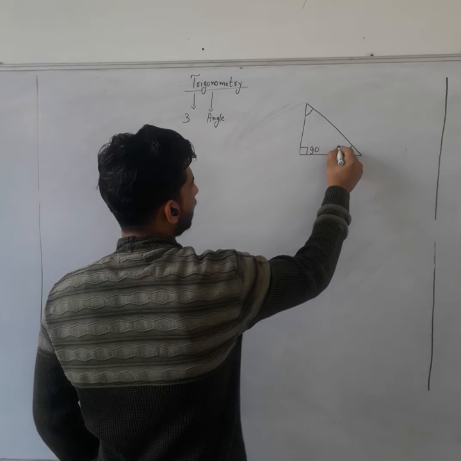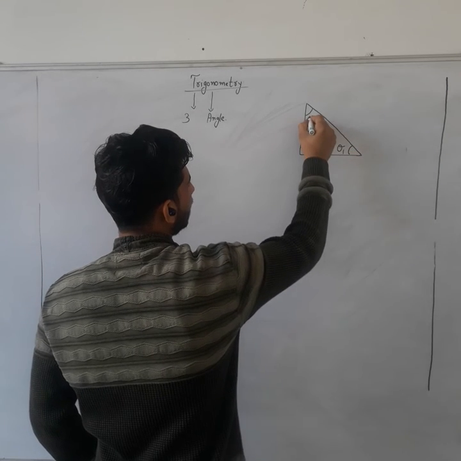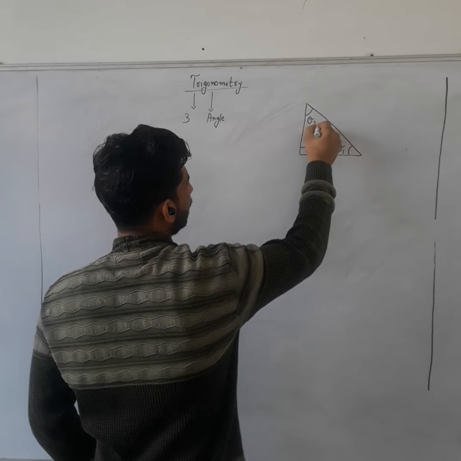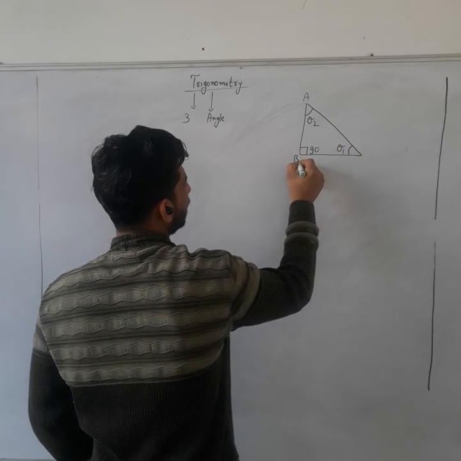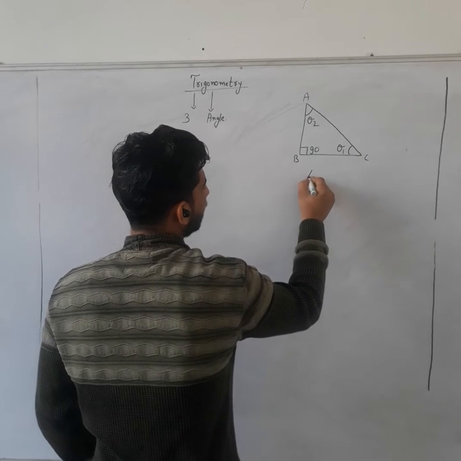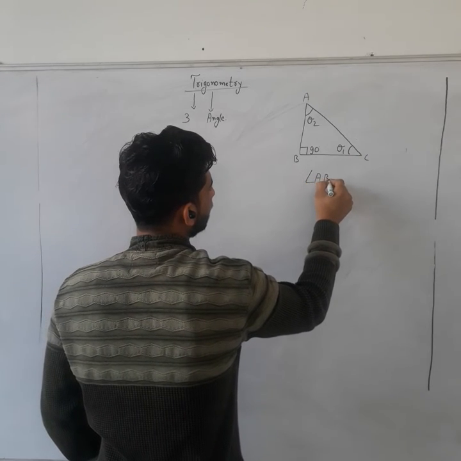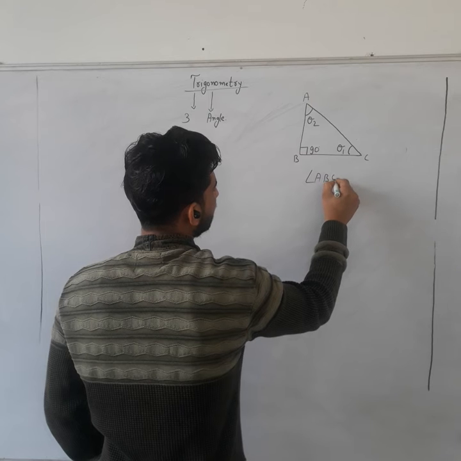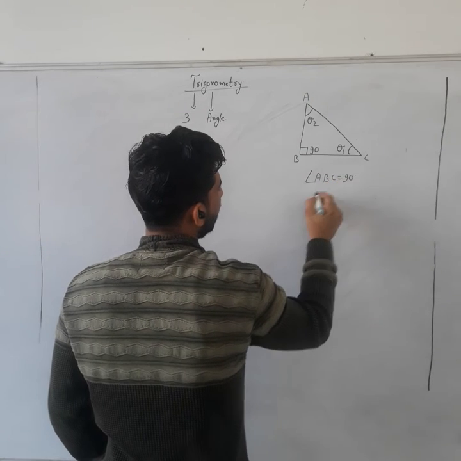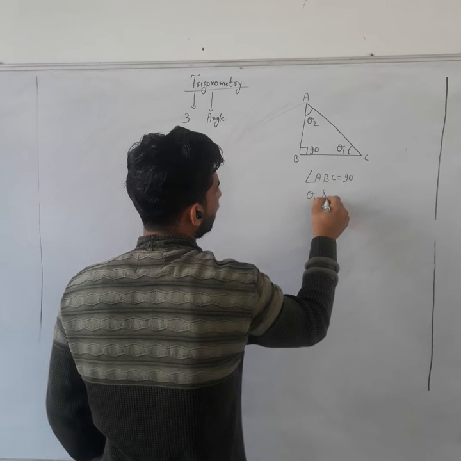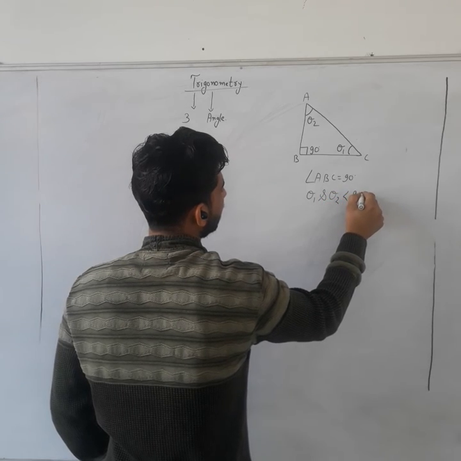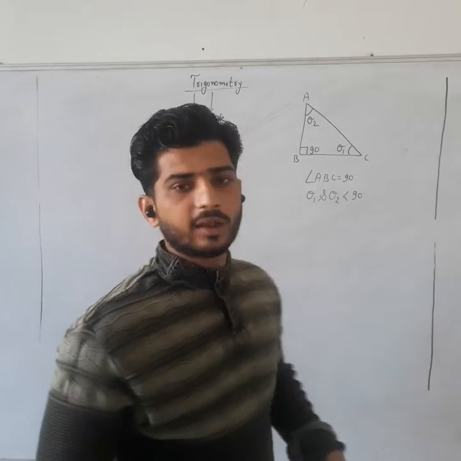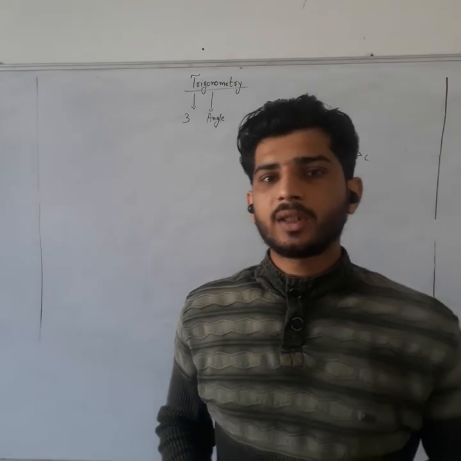This is the theta 1 angle and this is the theta 2 angle, and the triangle name is ABC. So angle ABC is 90 degrees, and theta 1 and theta 2 are less than 90 degrees. It means theta 1 and theta 2 are acute angles.